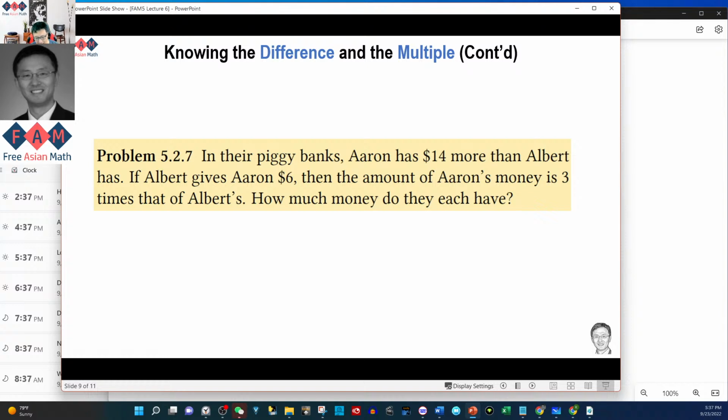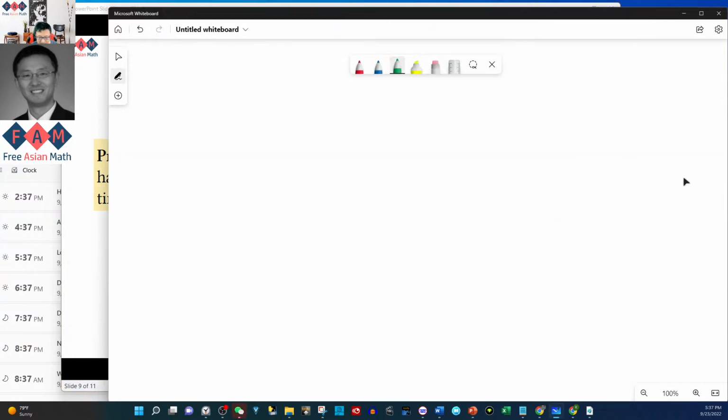But how much more money does Aaron have than Albert? It must be plus, and you have to double that 6, right? One is less, one is more. So 6 plus 6, this is the net gain for Aaron over Albert, plus the original 14, 12 plus 14, that is 26.